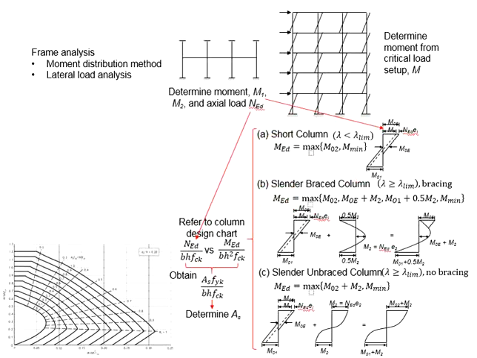As a result, while computing the required reinforcement bar based on the design chart of the column, a larger reinforcement bar area may be required. This will end up being a more conservative design.